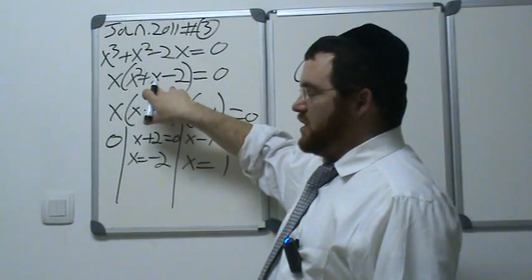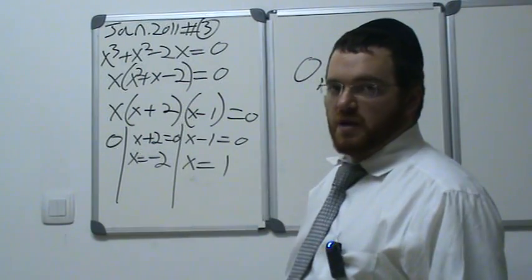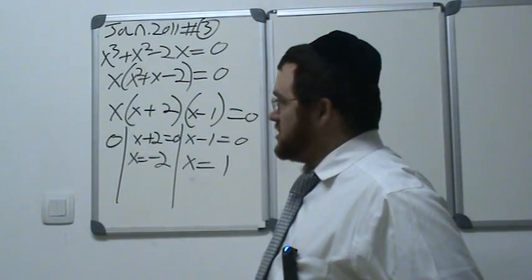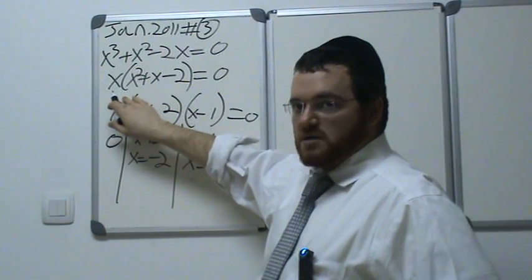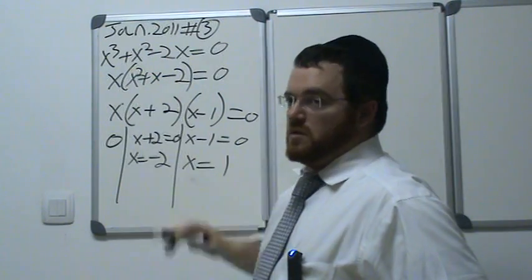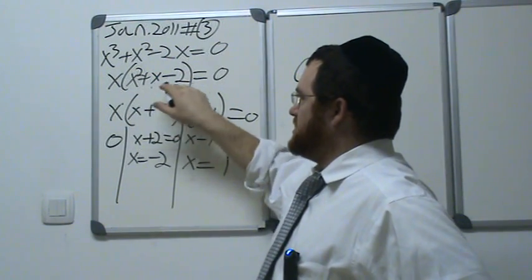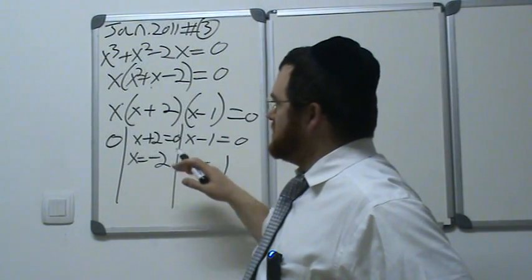Since you divided it by x and got x squared plus x minus 2, when you multiply it by x, it will bring you back to the original equation. So put an x on the outside: x times x squared plus x minus 2 is the original equation. You have to factor more to find the roots.